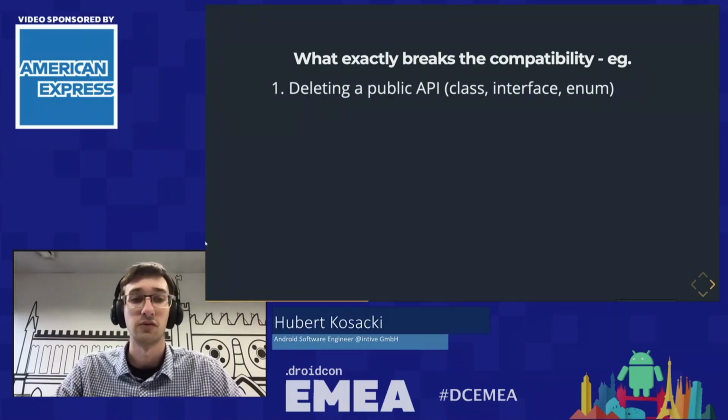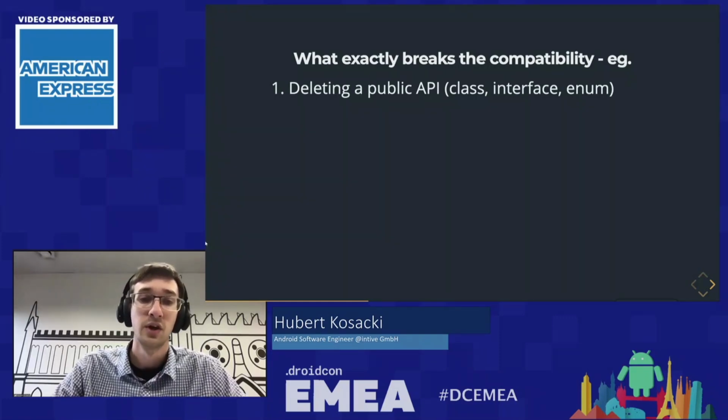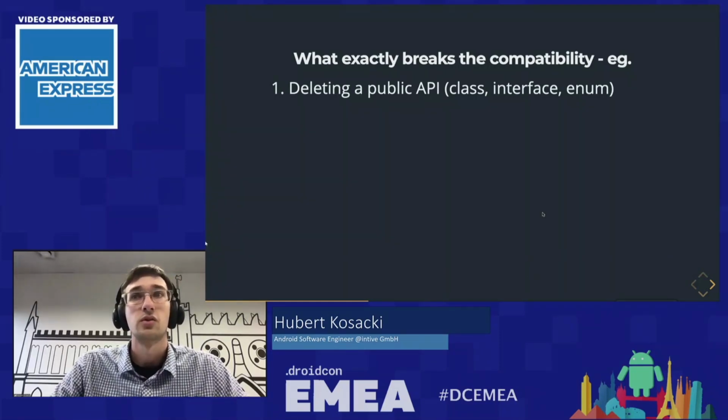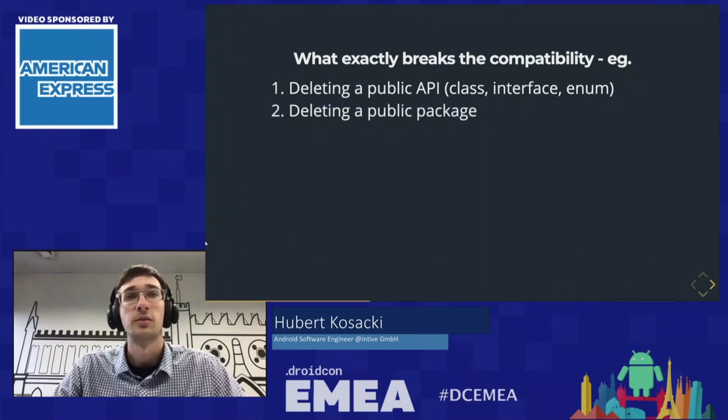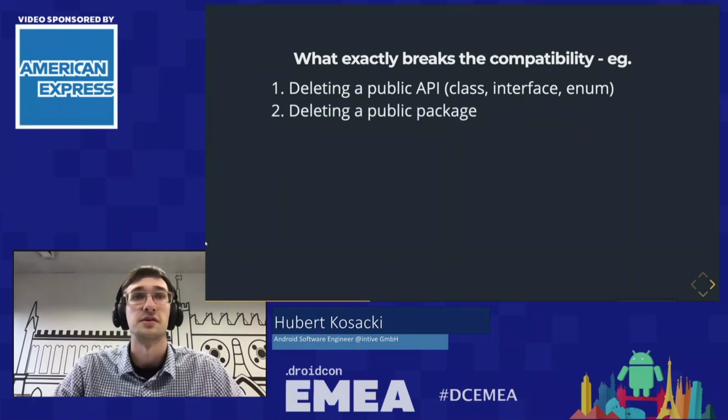Basically, if we remove from our library a class or an interface or an enum, the code that is using any of these APIs will simply either fail in runtime or refuse to compile if we are using this directly in our code. If we delete a public package, this should result in the same, since the package is just a container for all of the above I have mentioned in the first point.